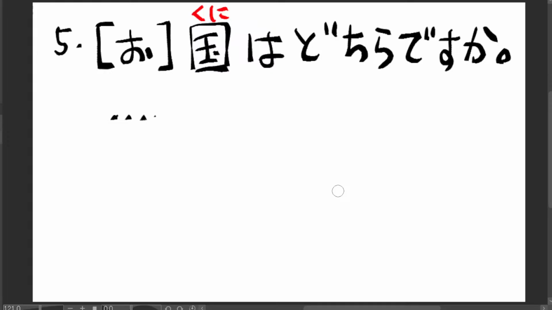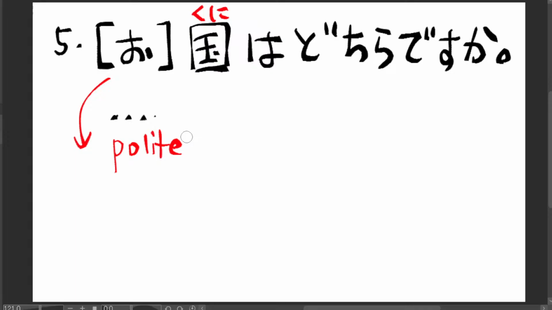So 国はどちらですか？ And this お in the bracket means to make something more polite. You can just say 国はどちらですか？ but to make it more polite, you can put お in front of it.